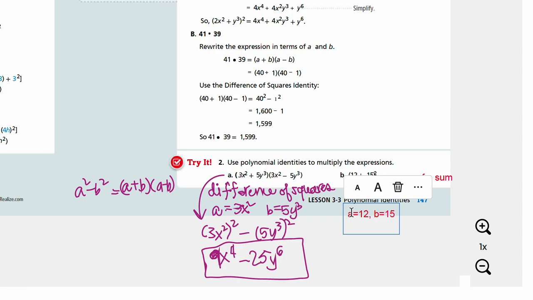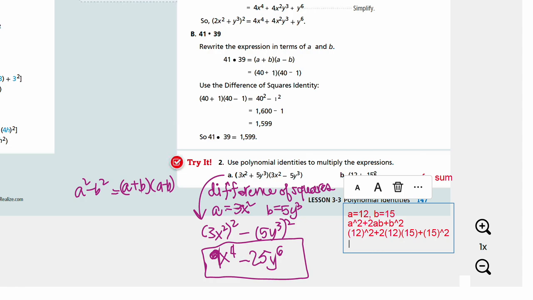So that's going to be a squared plus 2ab plus b squared. So just using that, you can plug it in. 12 squared plus 2 times 12 times 15 plus b squared, 15 squared.